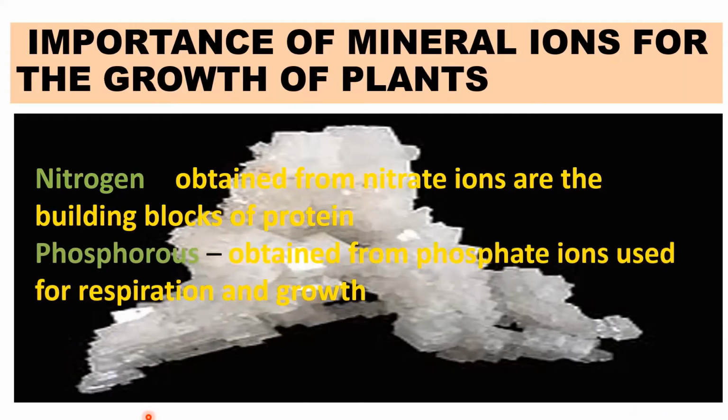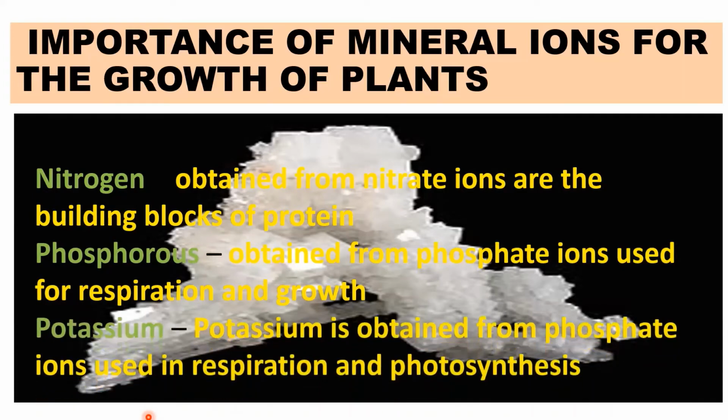The next one is the air. The air is important in the soil space because it contains oxygen for respiration of plant roots and microorganisms. The last one is the water. Water is important. Plants need to receive adequate water for photosynthesis and to take up mineral ions in solution.